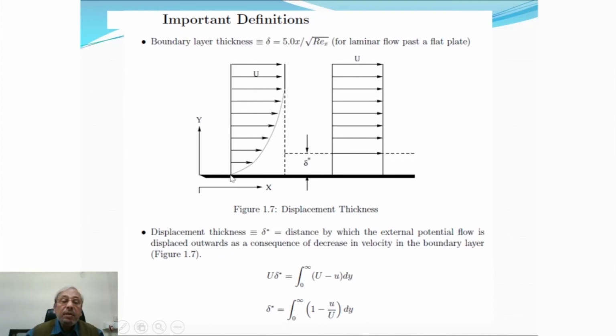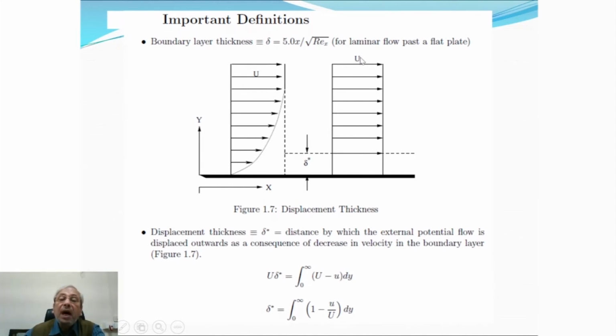So there is, as if, some fluid mass not allowed to flow through due to viscous resistance. Had there been a potential flow throughout, how much the external potential flow would have been displaced as a consequence of decrease in velocity in the boundary layer, that we can estimate.